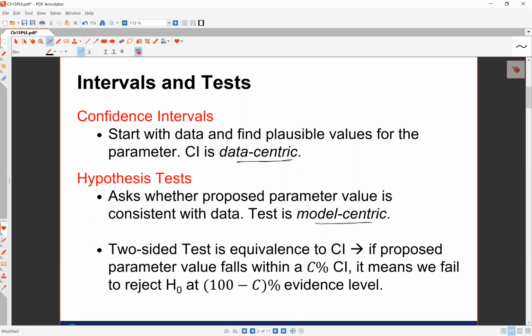procedure. And the reason for that is you always have a null hypothesis. And under the null hypothesis, you are specifying what the status quo is, what the preconceived belief is. Specifying that value means you are creating a model for the data. So in contrast to a confidence interval, which makes no such starting assumption, with hypothesis testing, you're trying to check whether that starting assumption under the null hypothesis fits with the data or not.